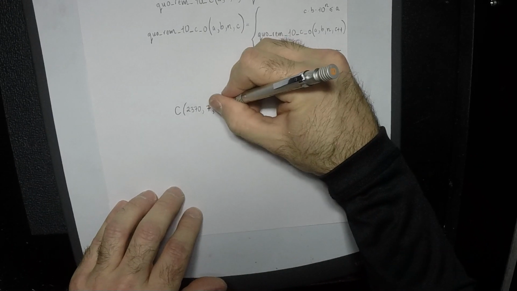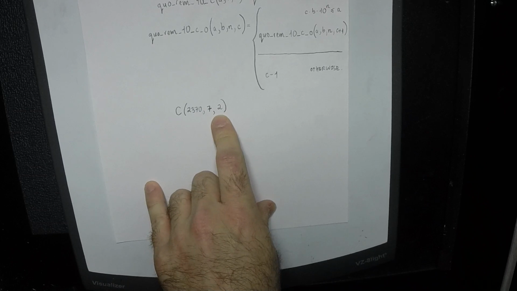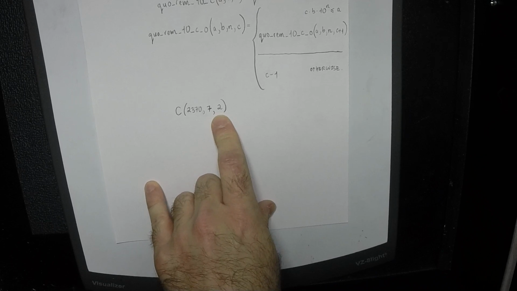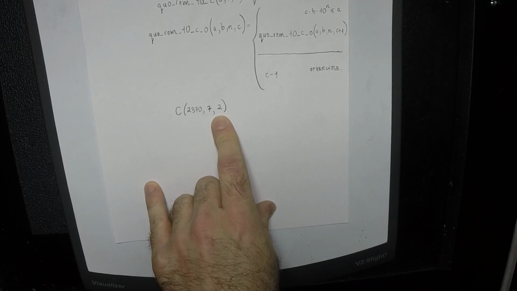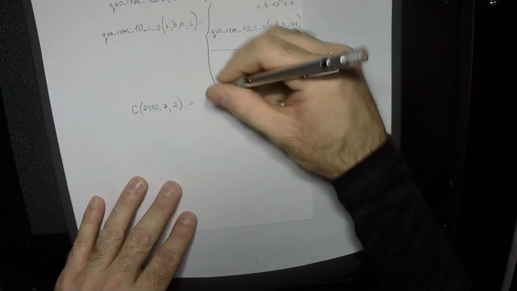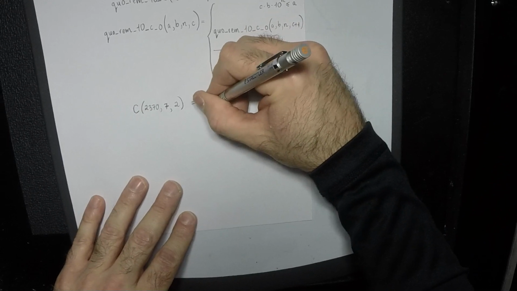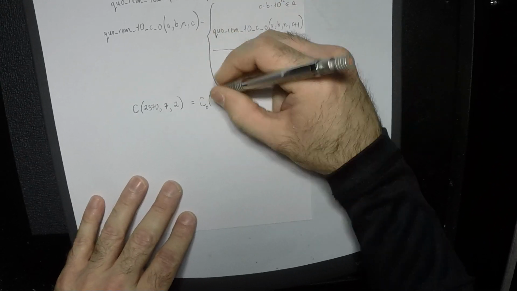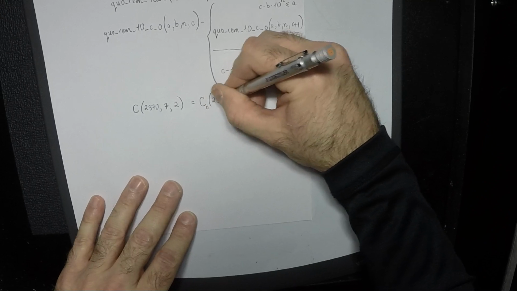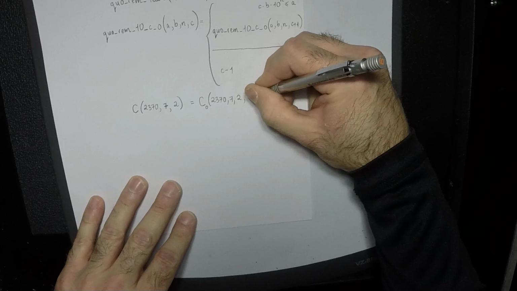So that means that we're asking about not 7s, not 70s, but actually 700s. And we're trying to answer the question of just how many 700s can we take away. So the first question that we ask, so we need to call the function that actually does the work C0. So 2370, 7, 2, and 2.